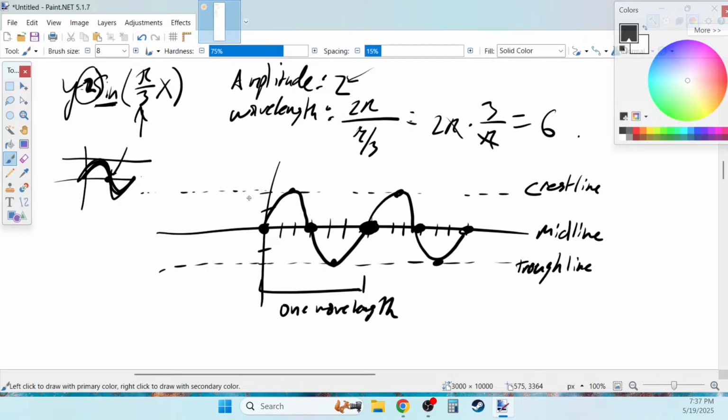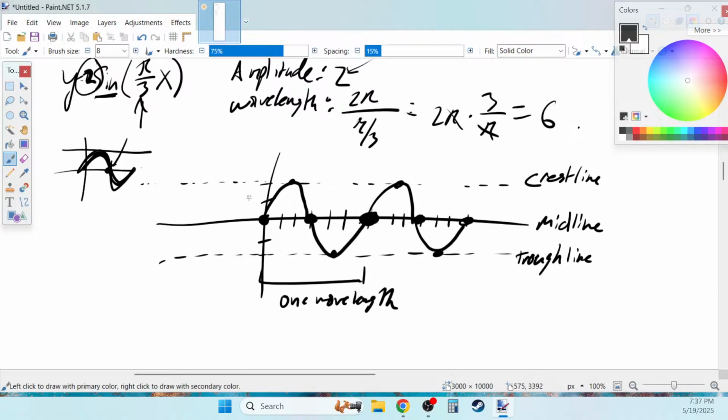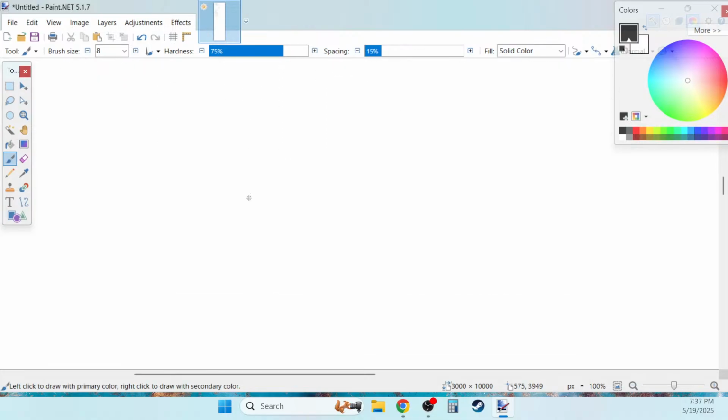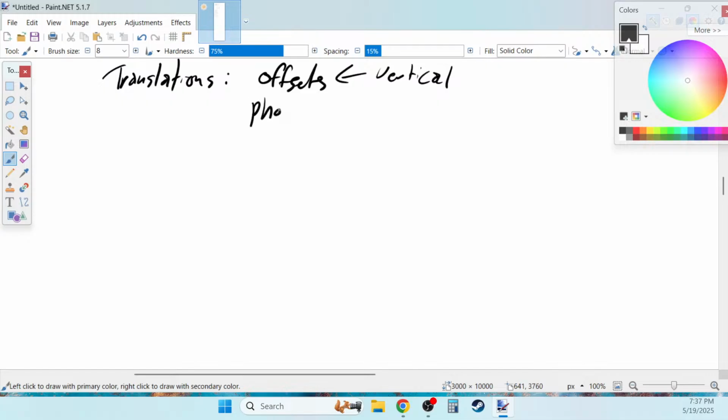So we've talked about dilations now, but we also have to talk about translations. When these are vertical, they are called offsets. When they're horizontal, it's called a phase shift.